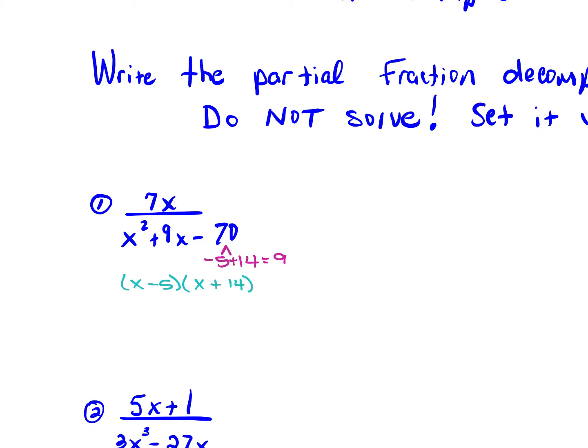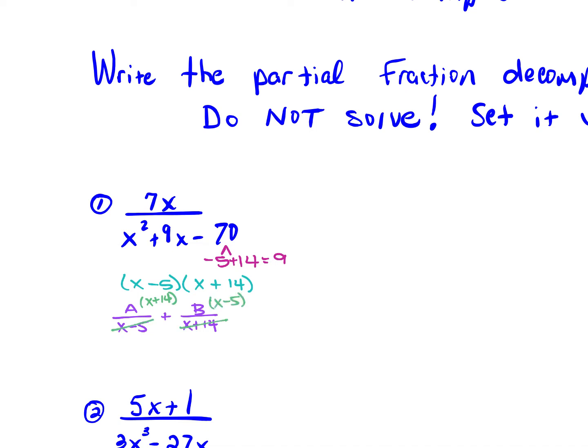How many parts do you have here when this denominator is factored? 2. So this means that you're going to have a over x minus 5 plus b over x plus 14. If we were to get rid of those denominators or those fractions and just have whole number parts, you would multiply the top of the first fraction by x plus 14, top of the second by x minus 5.